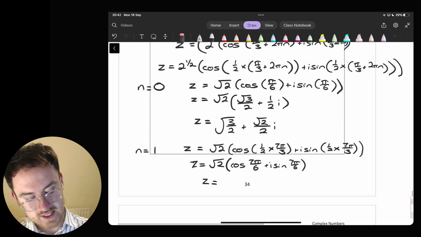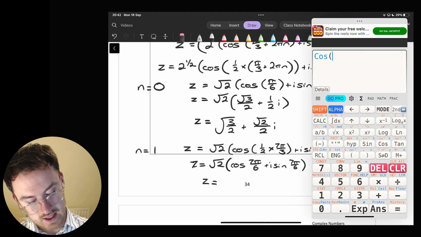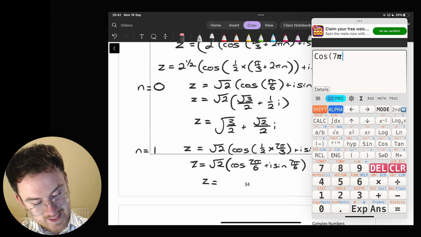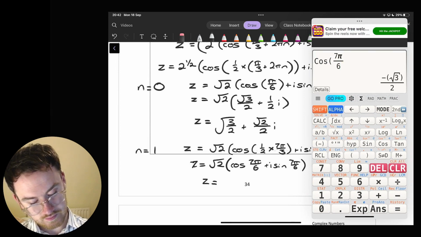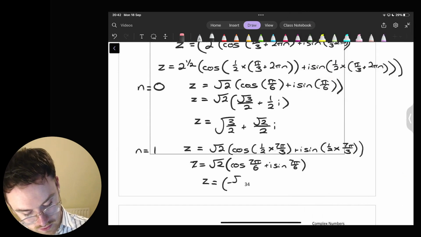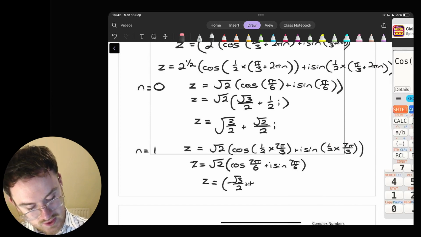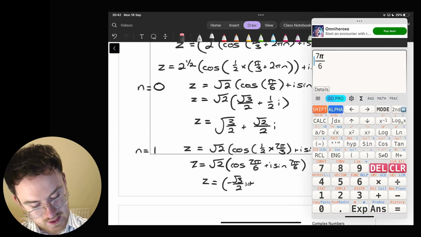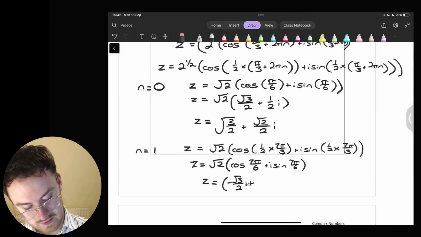And again, we'll go that step further and rewrite it in rectangular form. Minus root 3 over 2 plus, and then our sine is going to be the same as the last time, minus a half.